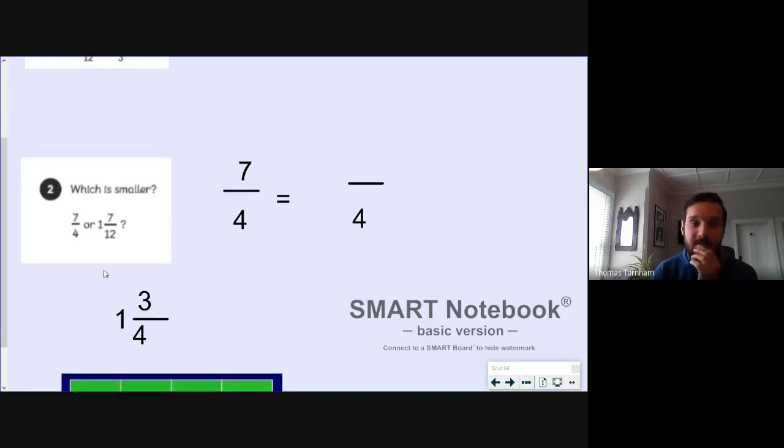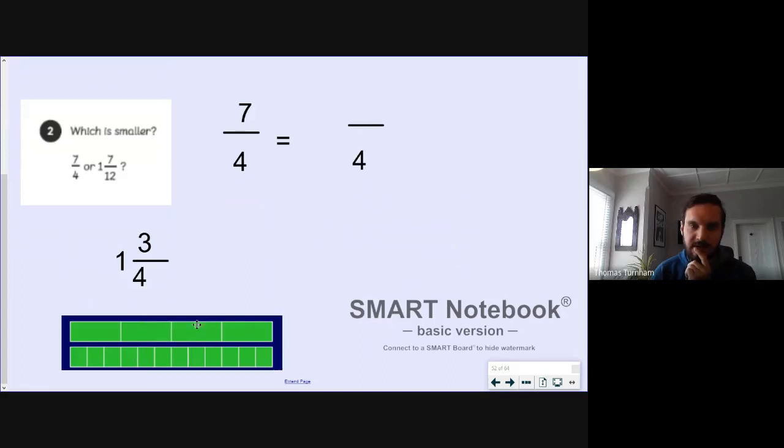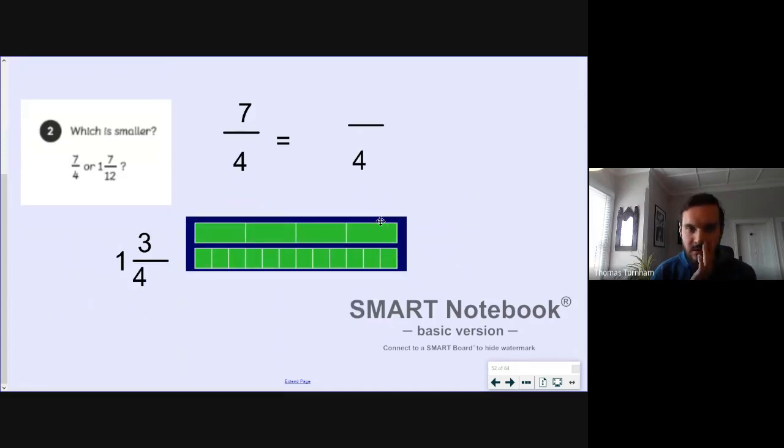Right. So then I'm looking at 3/4 versus 7/12 because I can ignore the 1 because there's a 1 there. So here's my quarters and my 12ths. Well, I know something about 4 and 12. I know that 4 times 3 is 12.